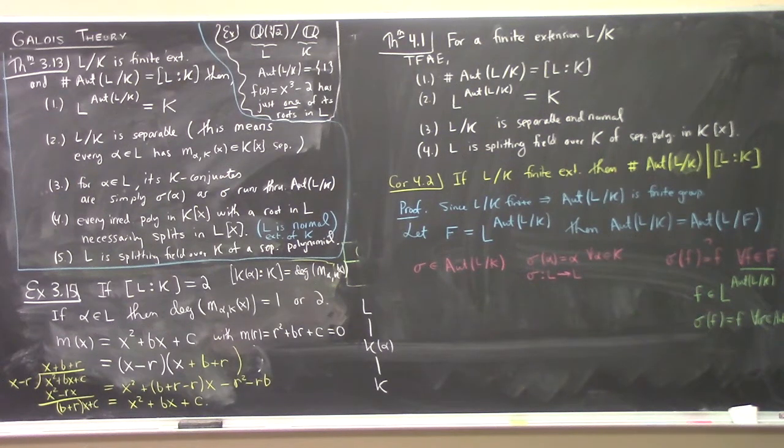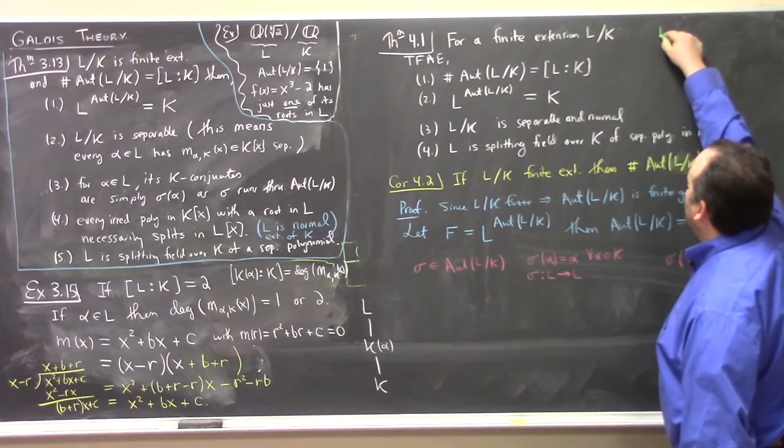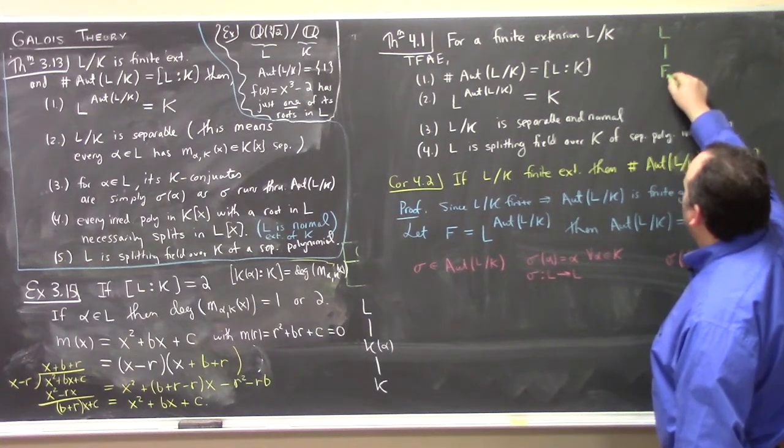This looks like a tower problem. You can solve it with the tower: L is over F is over k.